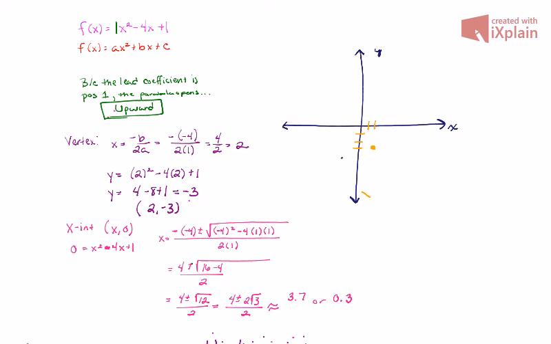So let's go ahead and kind of eyeball that on our graph here. So 0.3 looks like it might be here. And then we would want 3.7, so that's about here. And we would connect those values. And this is our final solution.